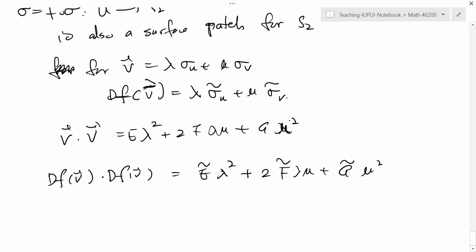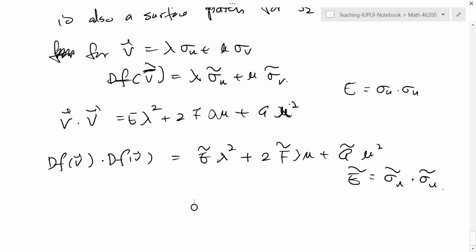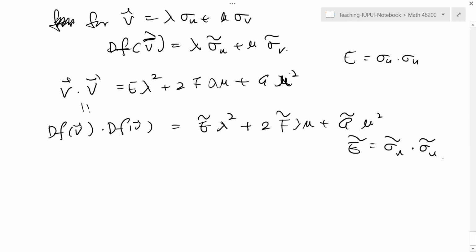Yeah. So for example, here E equals sigma_U dot sigma_U, and this E tilde is sigma_U tilde dot sigma_U tilde. Okay. So they're equal.